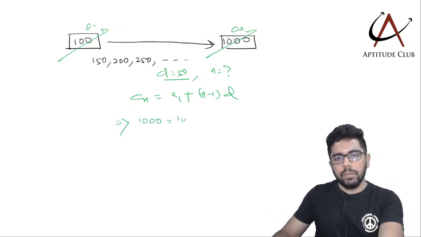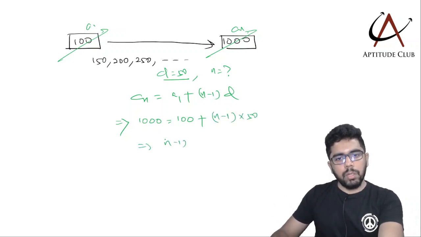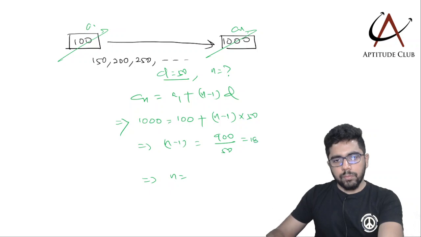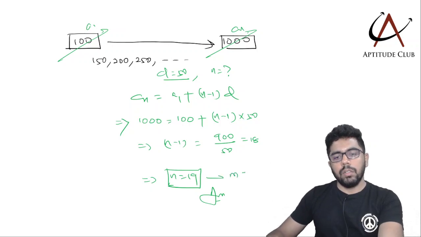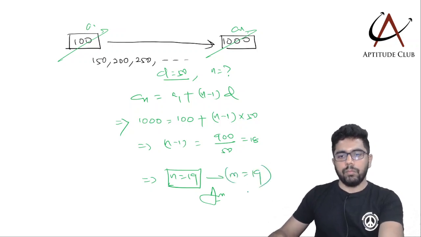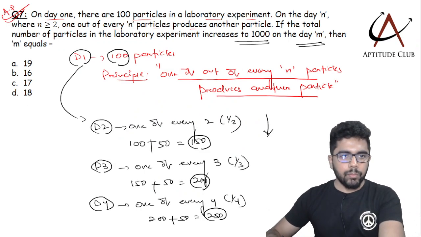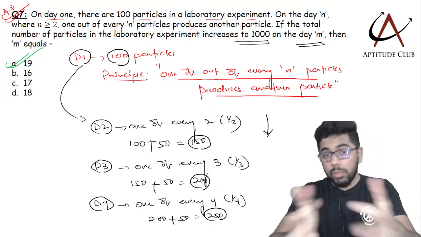So 1000 is 100 plus n minus 1 into 50, or n minus 1 is equal to 900 by 50, which is 18, or n I get as 19. That means I would need total 19 days for the population to reach 1000. So A is 19.